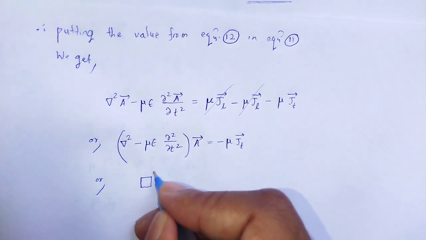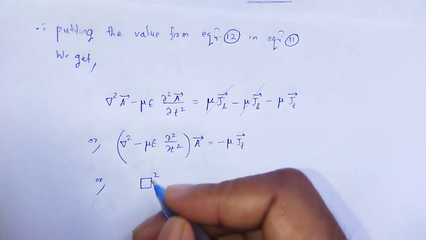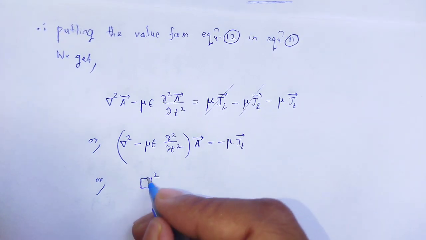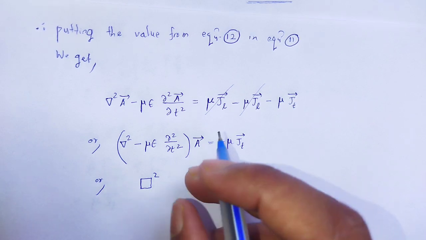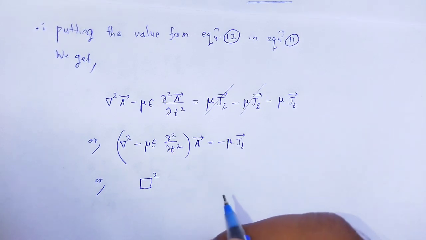This is the D'Alembertian operator, the square box, or generally just box. The four sides of the square represent 4 coordinates: 3 position coordinates and 1 time coordinate.